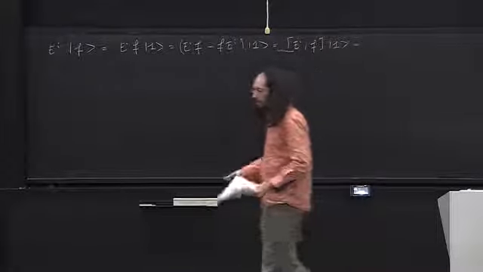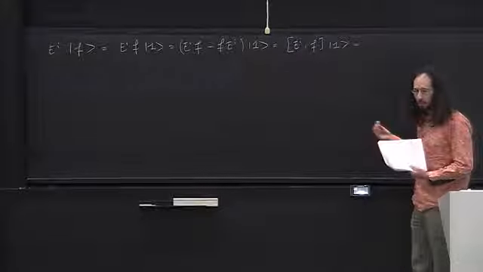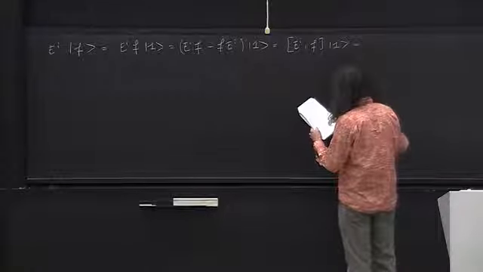And my quantization map is that commutators equal I h bar times the Poisson bracket. So now I'm going to use this quantization map.